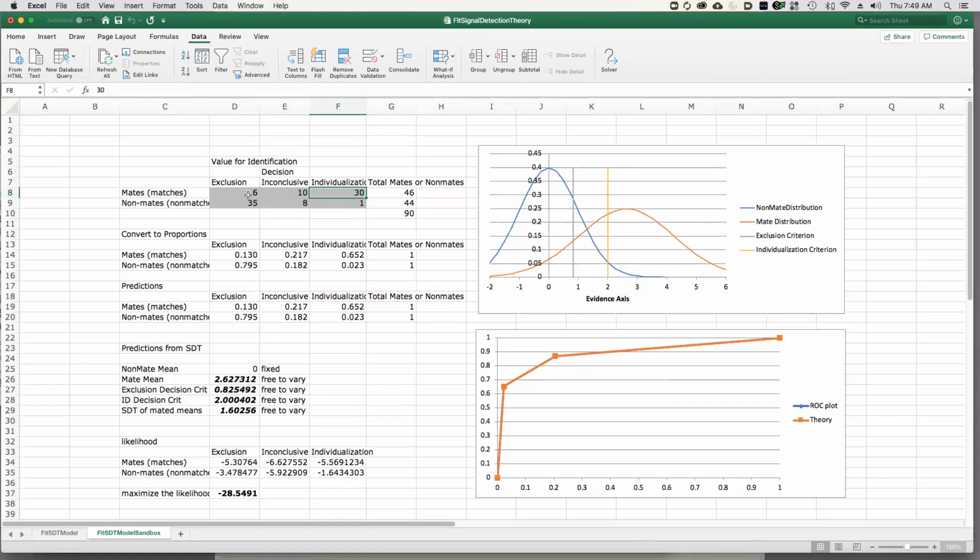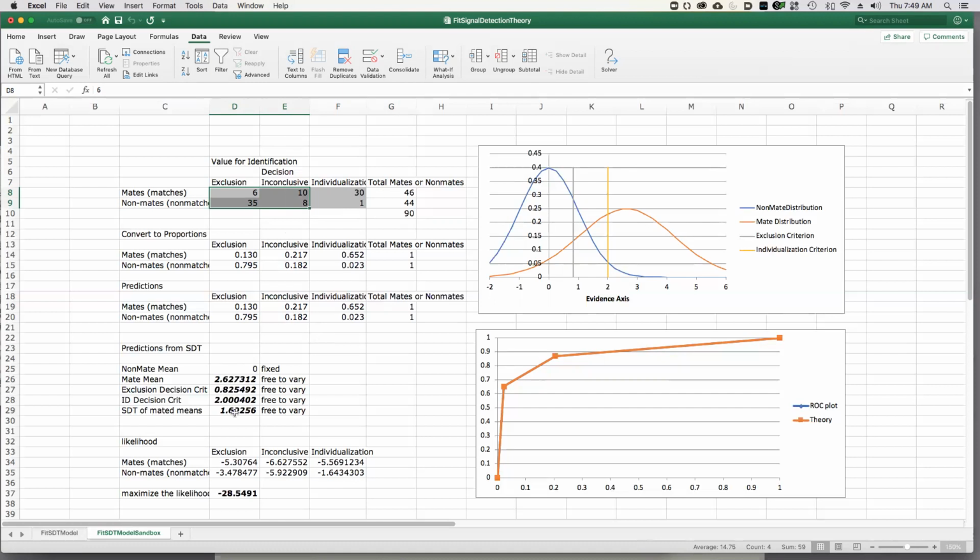So basically, there are just 4 numbers that can change in this experiment from each subject, given the 46 mated and 44 non-mated trials. So that means there's 4 degrees of freedom, and there are 4 parameters here. So that means the model has to do a really good job. Doesn't mean that we reject the model.